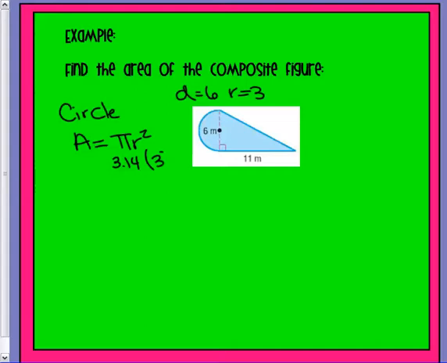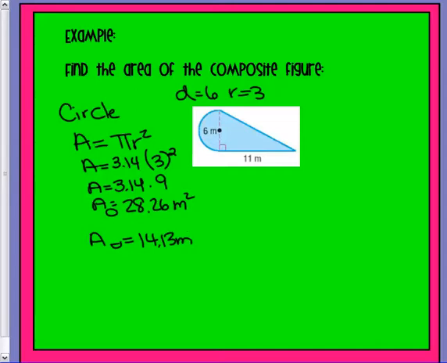So we plug in 3 and square it, and we get 9 times 3.14, and so the area of the full circle would be 28 and 26/100 meters squared. But that's for the full circle. So for the semicircle, or half circle, we cut that in half, and we get 14 and 13/100 meters squared.